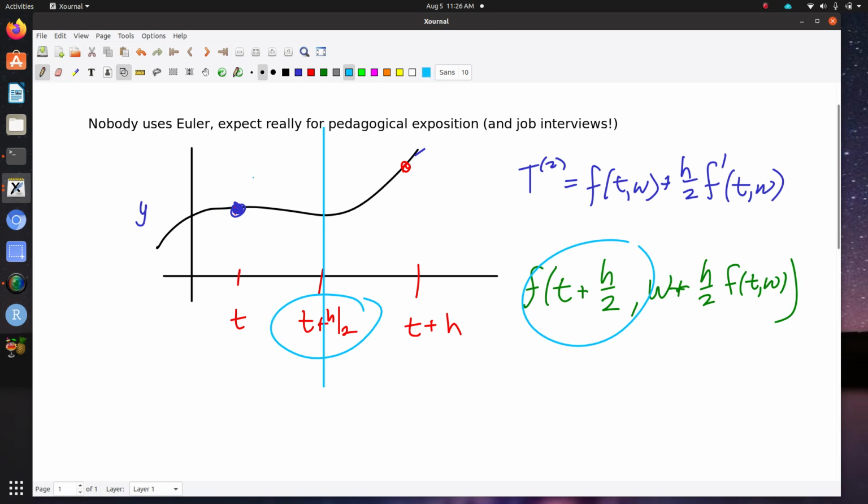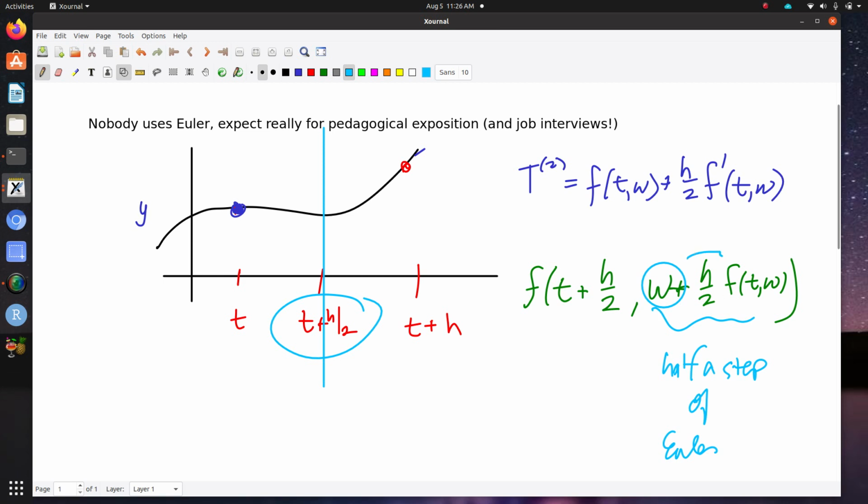How are we going to find the y value, though, at which we're going to make this estimate? What we're going to do is a little half Euler. Think of it as half a step of Euler that takes us from our current w. We're going to only step h over 2 in that direction.